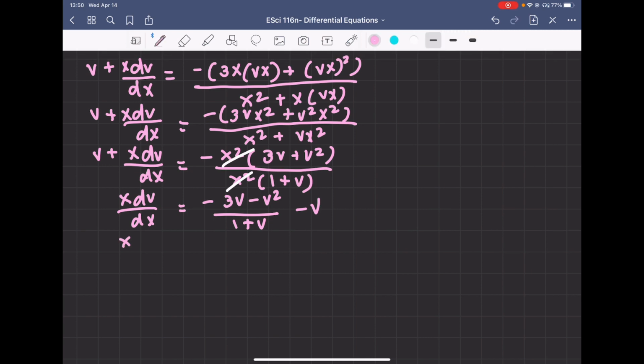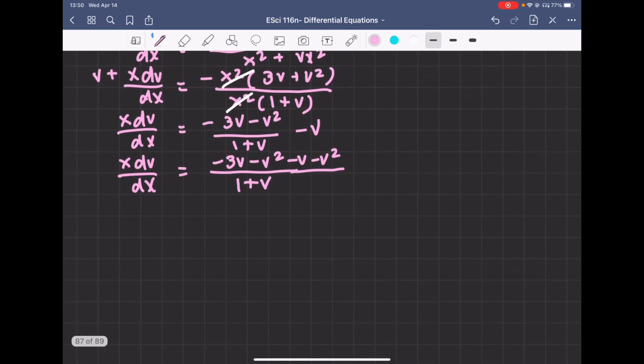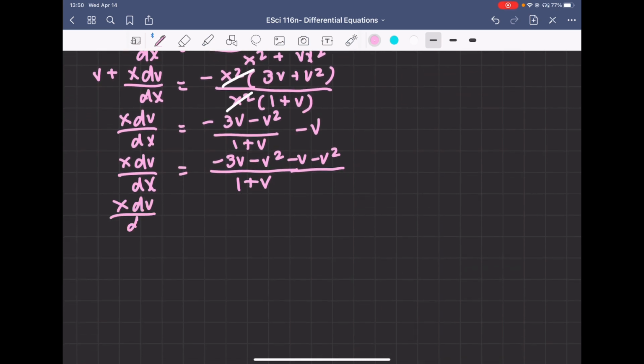That is x dv over dx is equals to 1 plus v in the denominator, and in the numerator that's negative 3v minus v squared minus v squared. x dv over dx equals to negative 2v squared minus 4v all over 1 plus v.